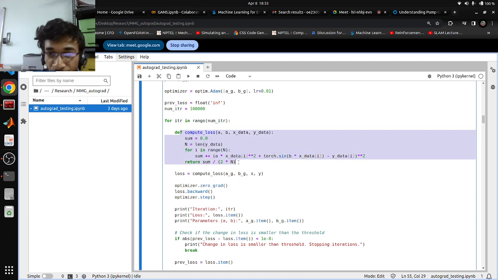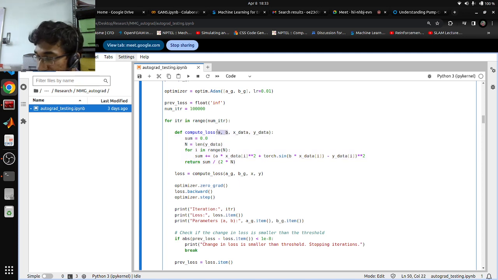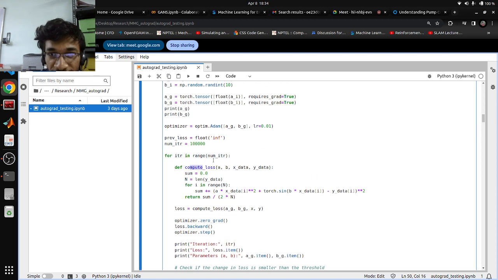I'm computing the loss using all of my data and some current value of A and B. You will notice that we are implementing torch.sin of B, which is essential because what goes into this compute loss function is going to be of the ag, bg form, which is already a tensor.